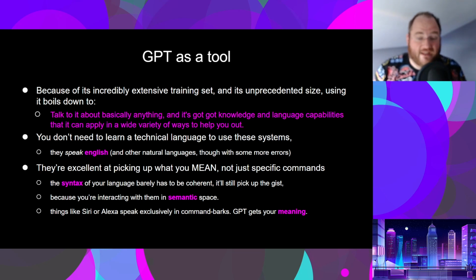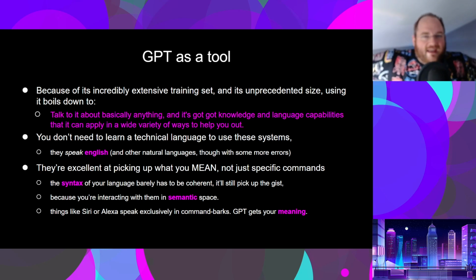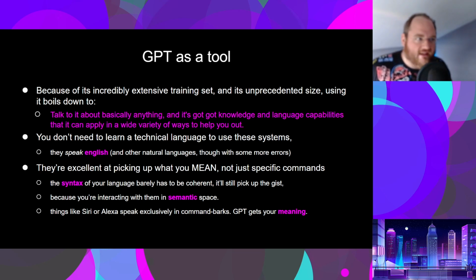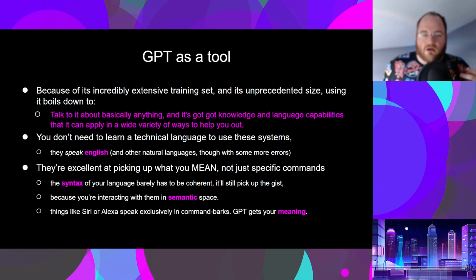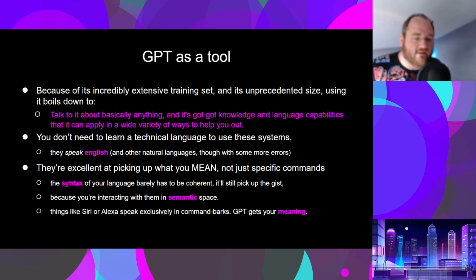The syntax of your language doesn't even really have to be coherent. You can say, build computer, please, computer app, website. And it'll be like, hey, bud, sounds like you're trying to build a website. It gets what you mean, even if you spell things wrong and put words in the wrong order, because of this semantic space interaction, right? Reminder that things like Siri and Alexa speak exclusively in command barks.